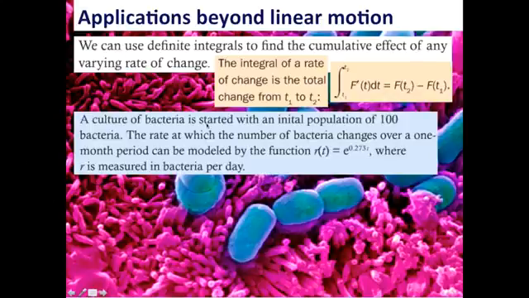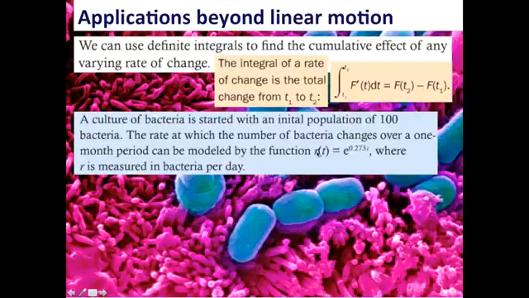So suppose we have a culture of bacteria which starts with an initial population of 100 bacteria. The rate at which the number of bacteria changes over a 1 month period can be modeled by this function here. So R(t), so R is the rate of change of bacteria.